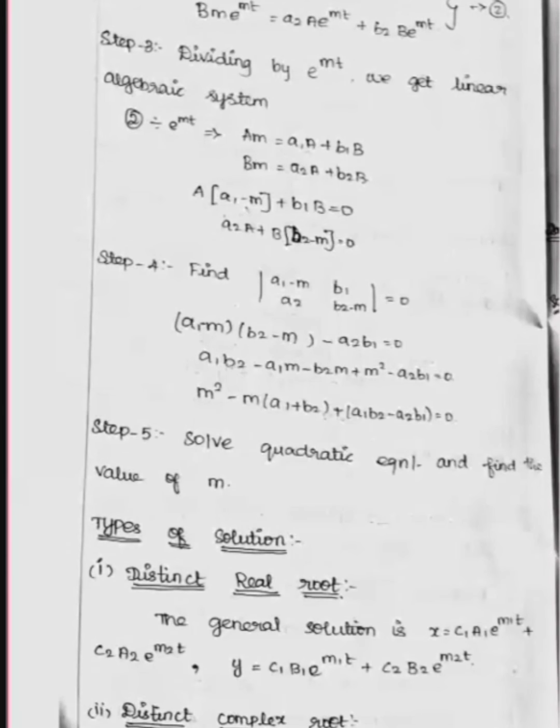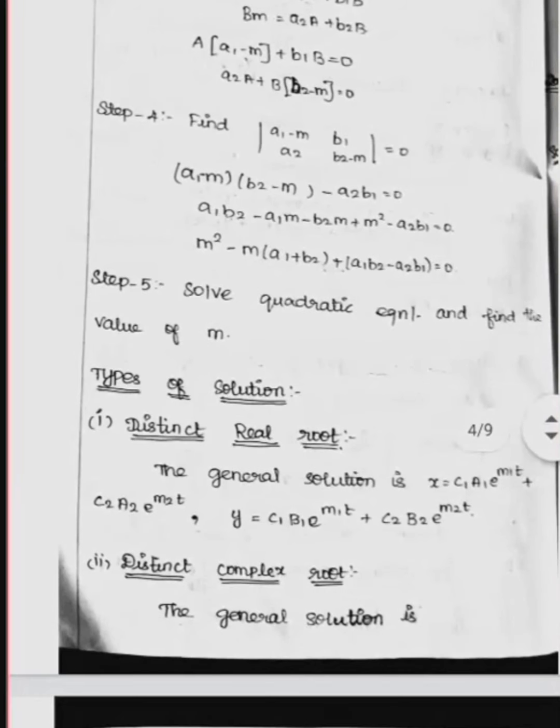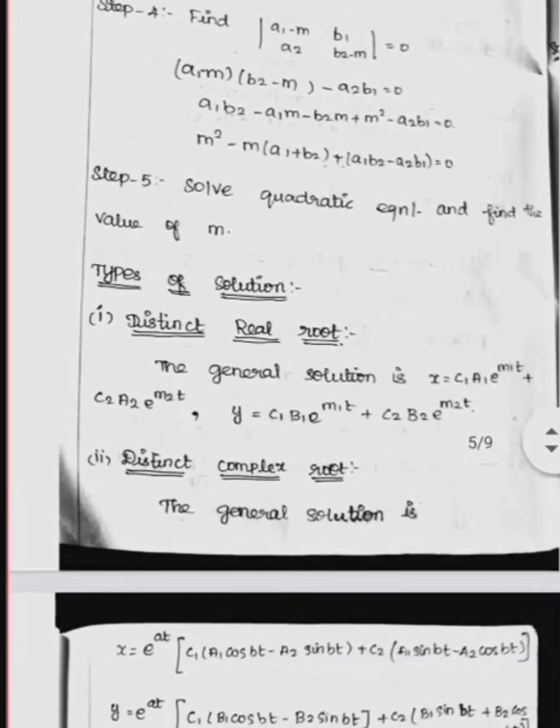If it is real and distinct. Similarly, y can be written in the form c1 into b1 into e to the power m1t and c2 into b2 into e to the power m2t. If it is of complex type, the general solution, e to the power alpha x into A cos bx plus B sin bx, is the general format.